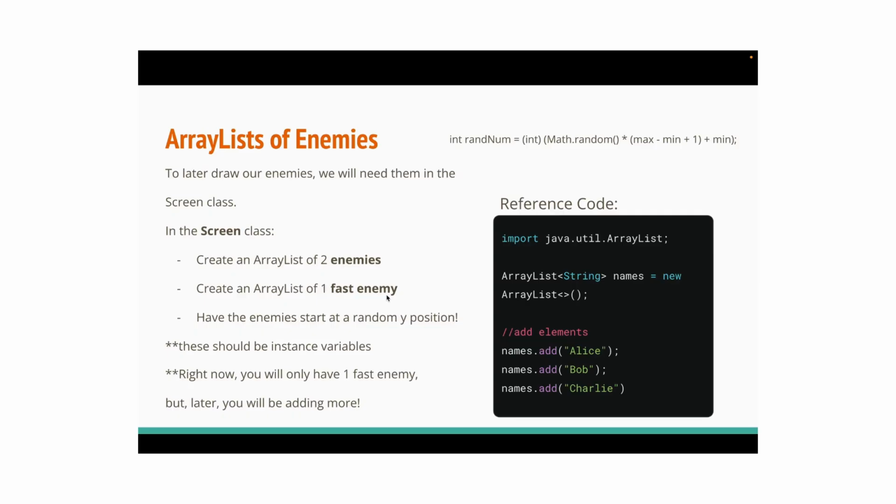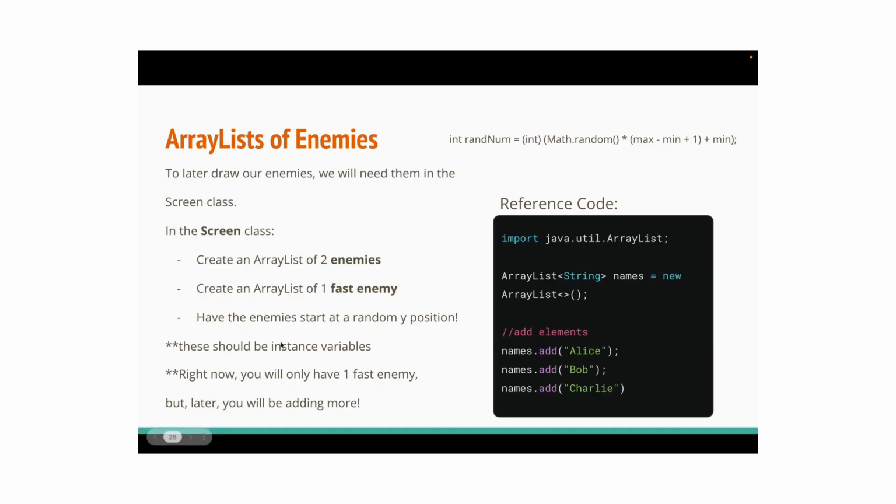So now let's go on to applying this to our project. ArrayLists of enemies. To later draw our enemies, we're going to need them in the Screen class. So in the Screen class, you're going to create an ArrayList of enemies, create an ArrayList of fast enemies, and you can have the enemy start at a random y position. So these should be instance variables, and right now you will only have 1 fast enemy, but later you will be adding more.